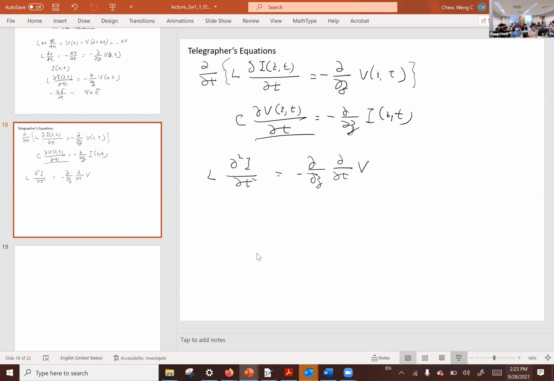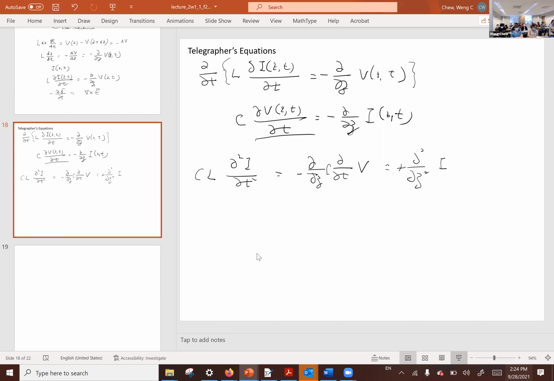And then you can use the second equation to eliminate the partial I. And then you should end up with this equation, I hope I didn't make any mistake. Why don't I just multiply this equation with C? So I've got a C here, and then I will have partial squared V over partial z squared. Can you see that?